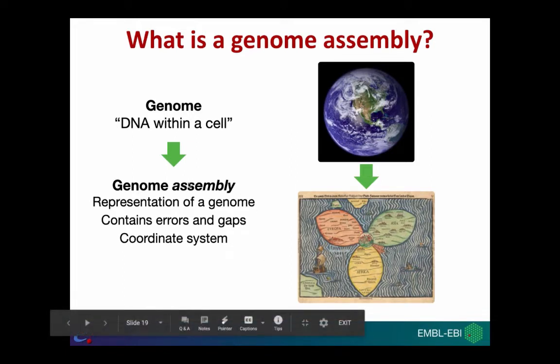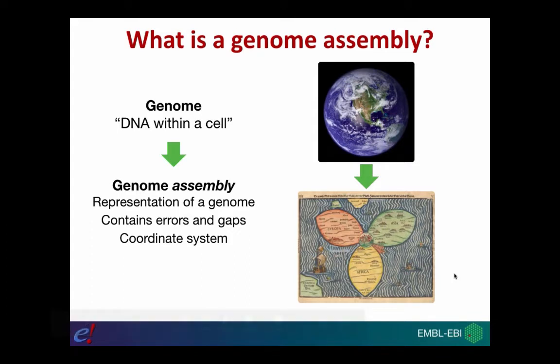So you can see a genome assembly can be thought of as a map, and obviously maps can have various information. They might have errors, they might have gaps, especially as technology improves over time. The maps can become more filled in. The areas that are missing information might be then included, and any errors from previous maps will be corrected in new versions as well.